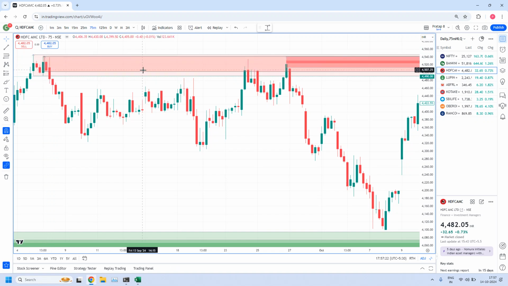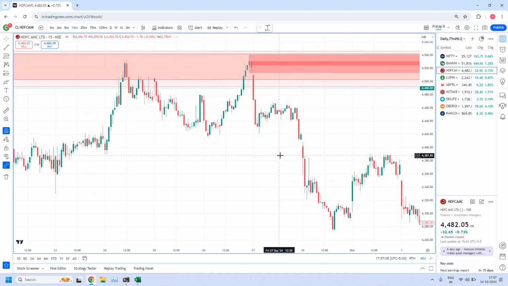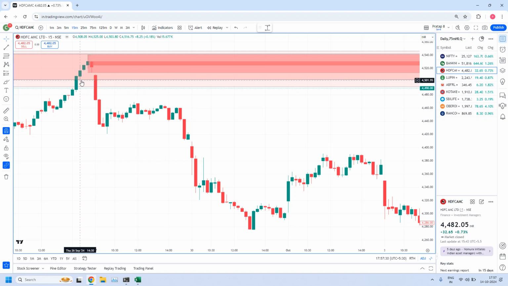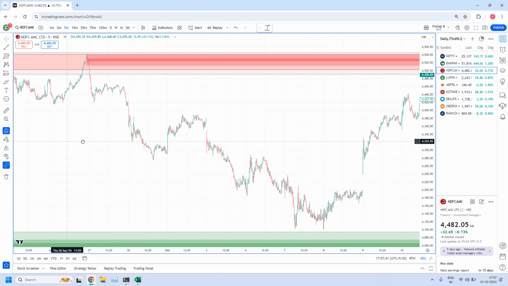Within this 75 minute zone, prices recently came. There we have a 15 minutes zone available. We have a leg-in, 3 base candles and a drop candle. And within this 15 minutes area, we have a fine-tuned 5 minute zone.